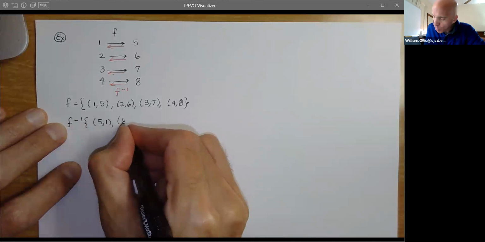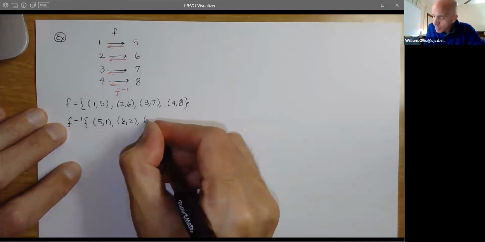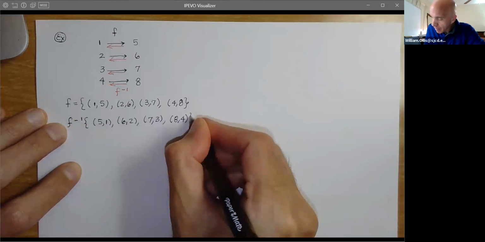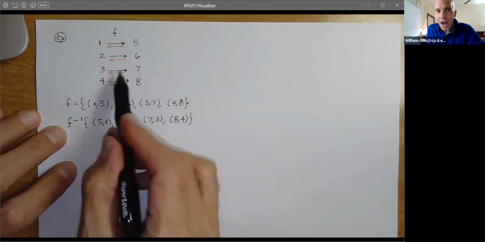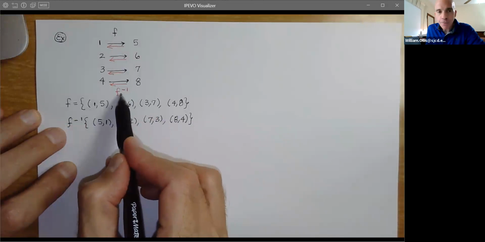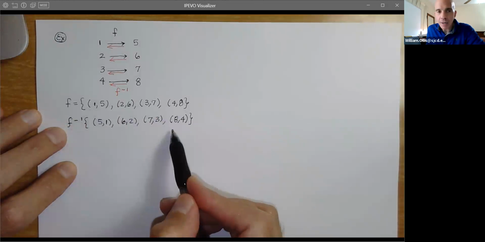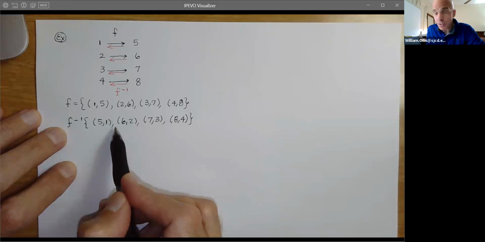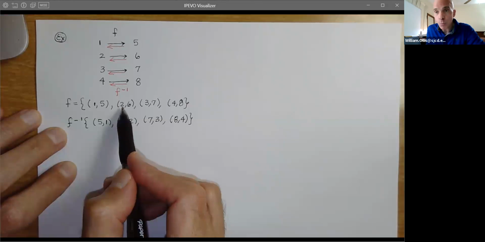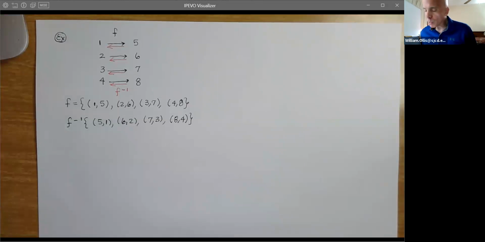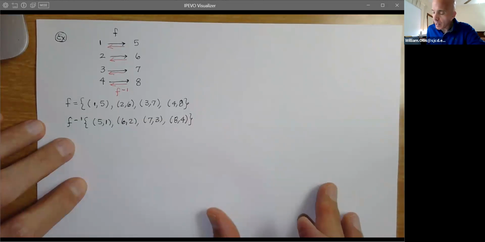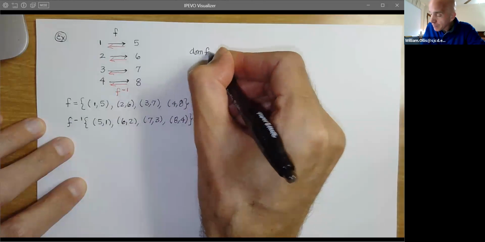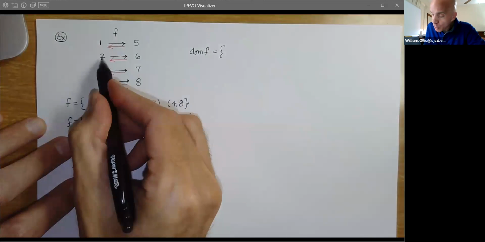It's not always this easy with equations, but it's still the same idea. (7, 3), (6, 2), and then (8, 4). So again, we write in the inverse function just so we have a direct copy of it, but we see that this function implies this and vice versa. So we could have started with this function and said, well, it's one-to-one, so it implies the reverse path. Now, what we want to do in this particular case is just say the following. So we can write this out. So the domain of F will be what? 1, 2, 3, 4.